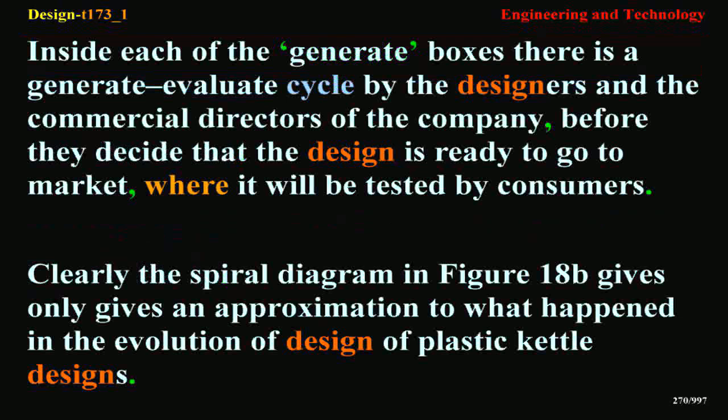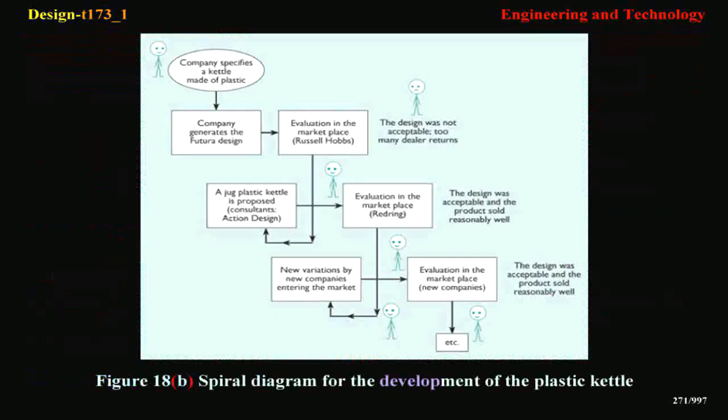Inside each of the generate boxes there is a generate-evaluate cycle by the designers and the commercial directors of the company, before they decide that the design is ready to go to market, where it will be tested by consumers. Clearly the spiral diagram in Figure 18b only gives an approximation to what happened in the evolution of plastic kettle designs. Figure 18b, spiral diagram for the development of the plastic kettle.